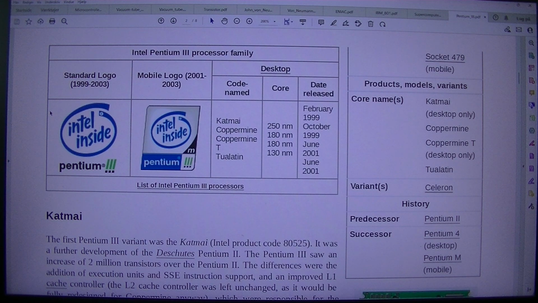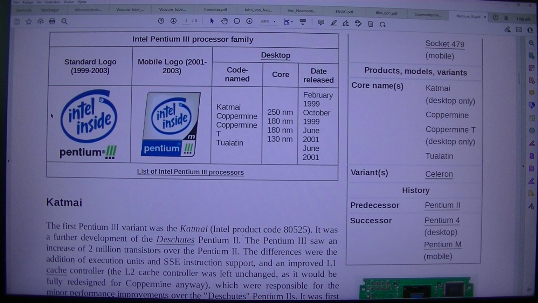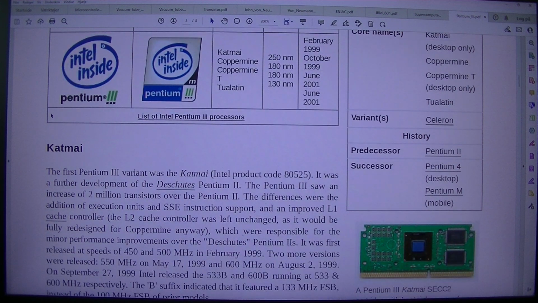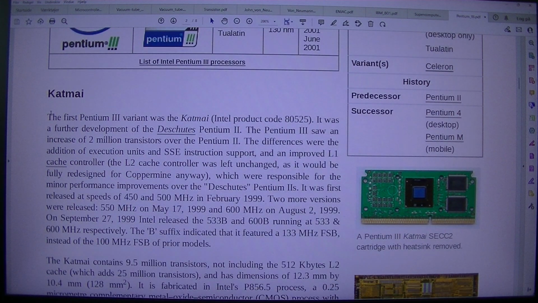Desktop codenames: Katmai, Coppermine, Coppermine T, Tualatin. Released 250 nm, 180 nm, 180 nm, 130 nm, in February 1999, October 1999, June 2001, June 2001. List of Intel Pentium 3 processors.